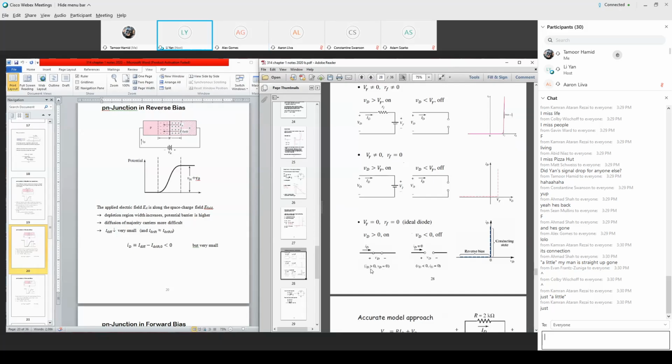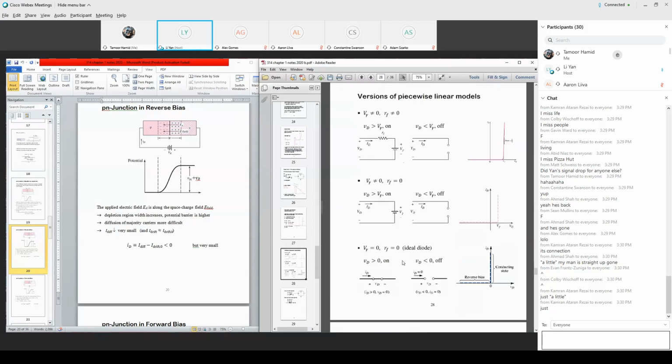No, current is non-zero. What do you mean current is 0? Right, but isn't it supposed to be 0 because the current is only greater if we are past that gamma line? Oh, you have to think about what we're saying: we model this side as diode on, and this side as diode off. Clear? Diode on, diode off.